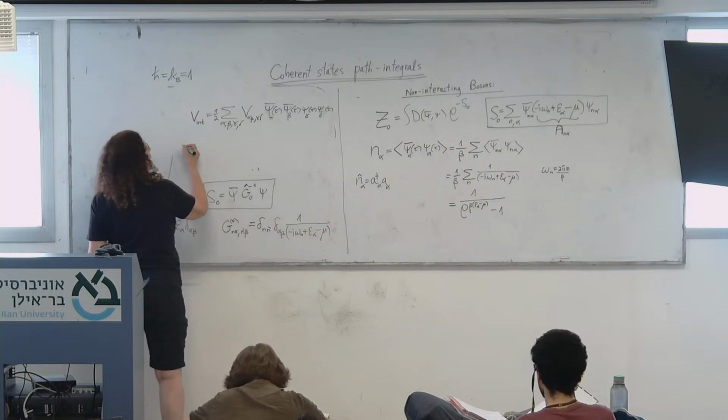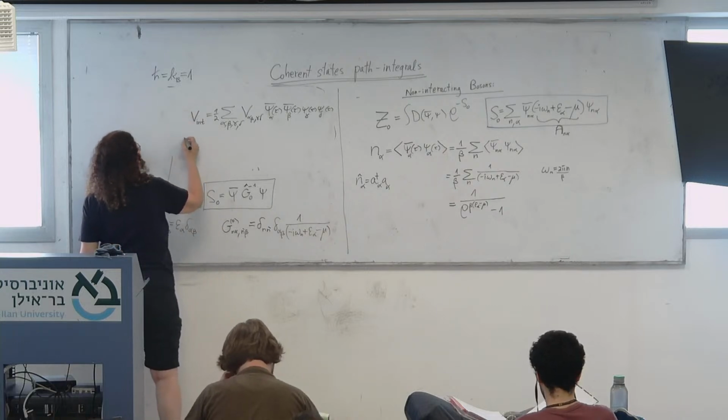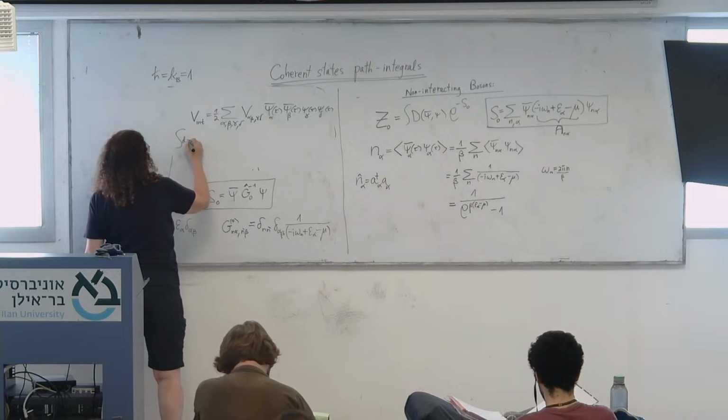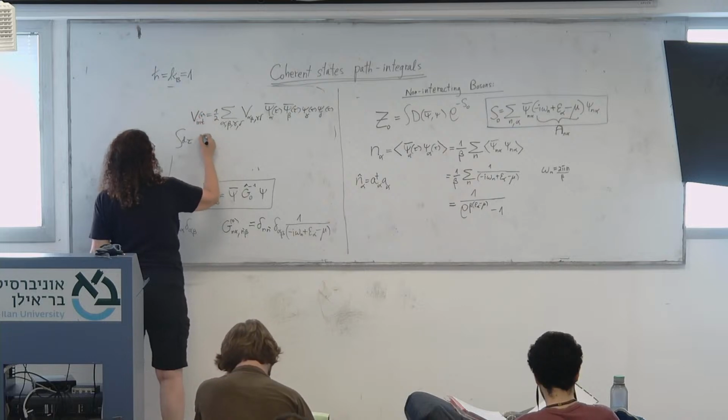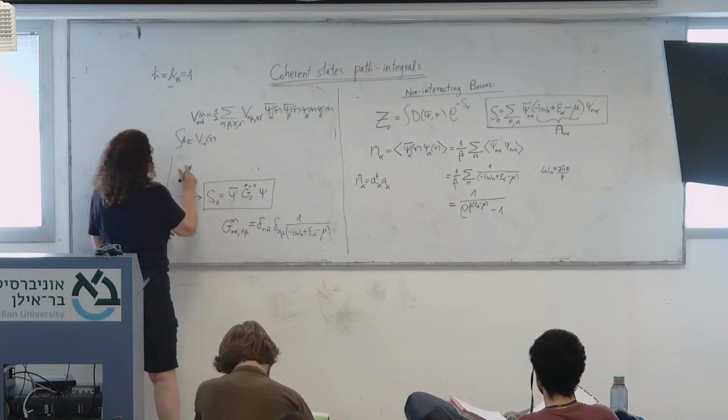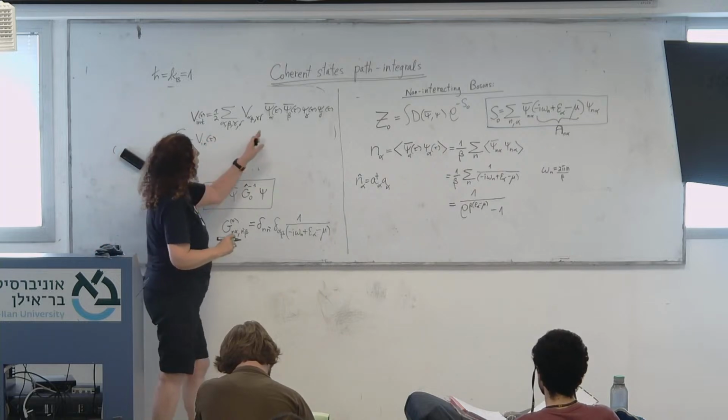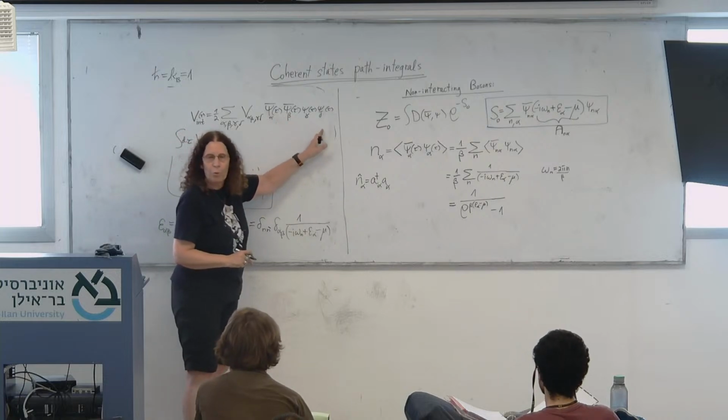And in the action, we have to integrate it. This is V of tau, and we have to integrate over all tau. So inside the integral over tau, I have a product of 4, not 2.